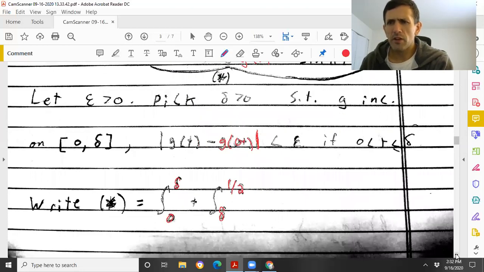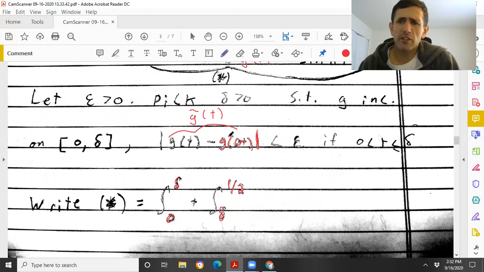I should mention that certainly if t is between 0 and delta, then this is what g tilde is. So g tilde is going to be less than epsilon. Really, you don't even need absolute value.